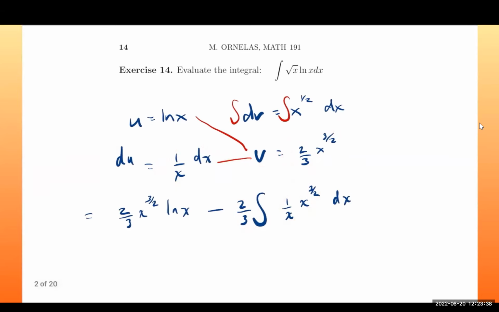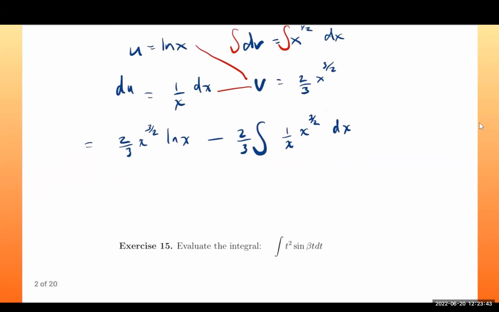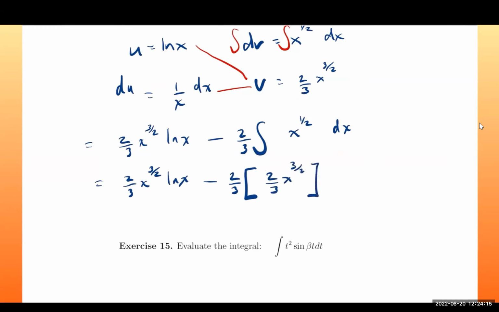Then we can simplify this. If you subtract the exponents, you're going to get 1/2. So I'm just going to simplify this to be x to the 1/2. All right, and then this can be integrated. That's not too hard. So our final answer should look something like this. We still have the 2/3, and that's going to be 2/3 x to the 3/2 if you integrate.